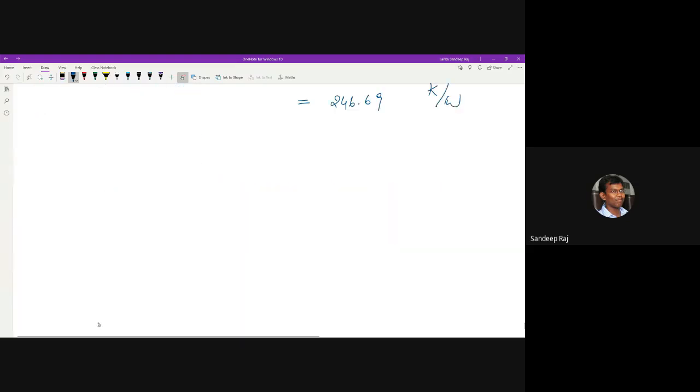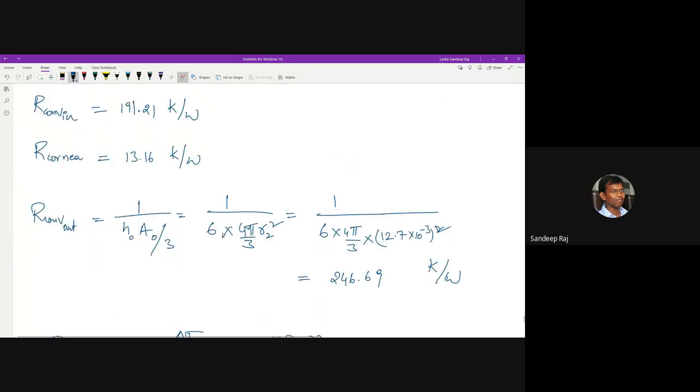So now you have to get the Q value without the contact lens. It is delta T by R total, so that is equal to 37 minus 22 by the sum of all the resistances you have here.